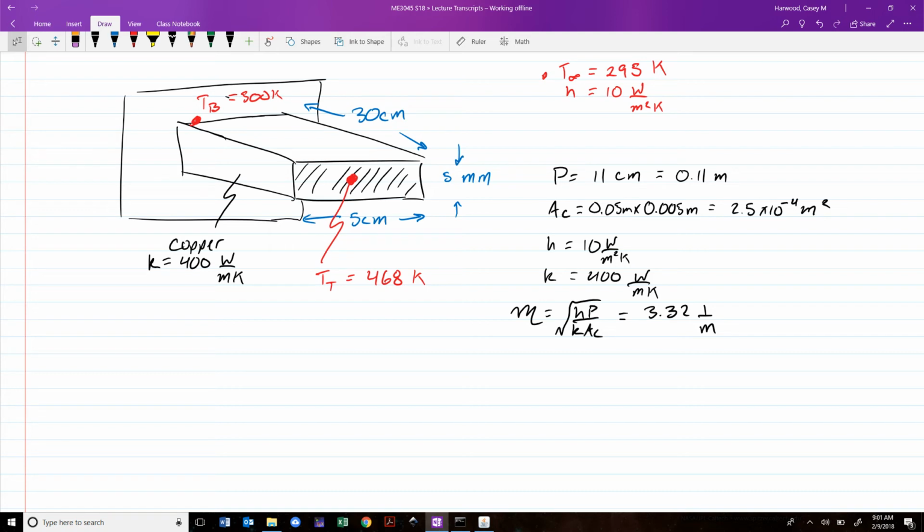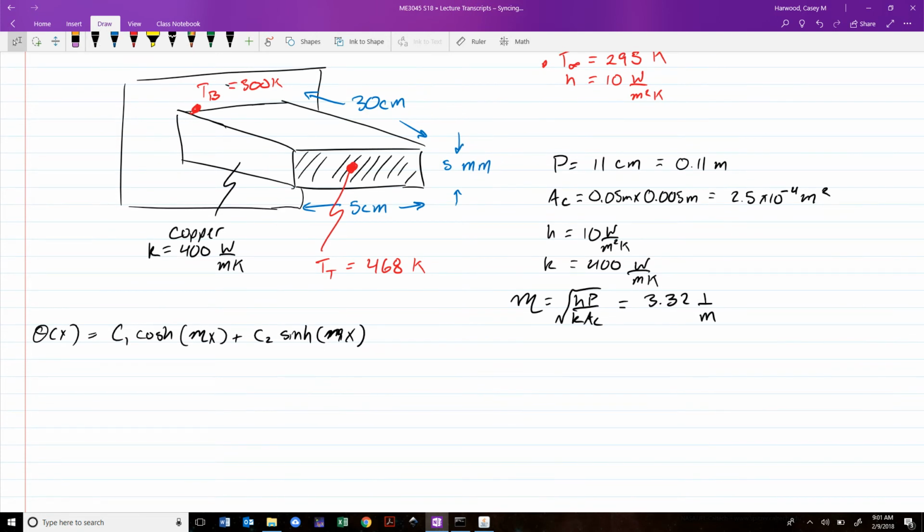But the hyperbolic function form is nice because, so we'll write this out. We're going to switch back to C1, C2, just for convenience: θ(x) = C1 cosh mx + C2 sinh mx.